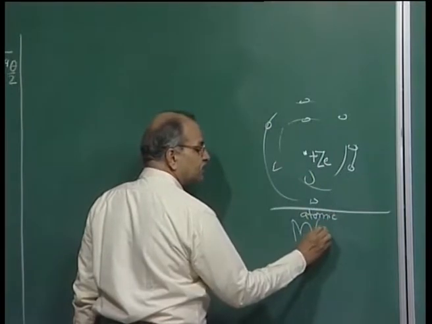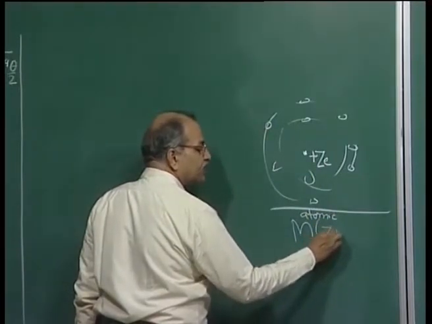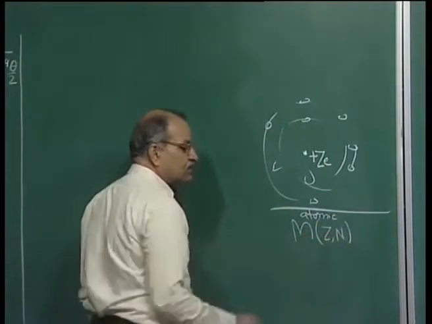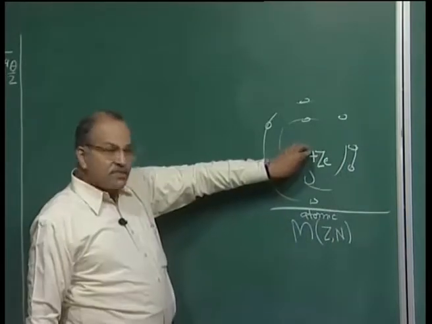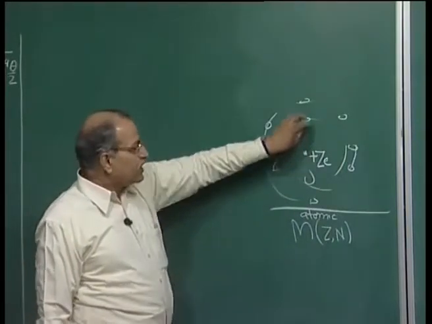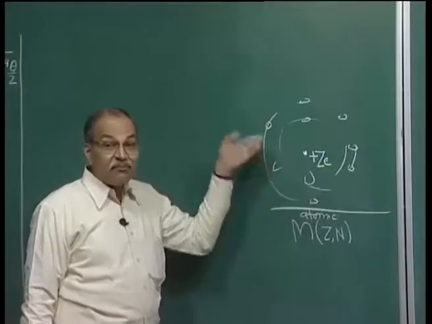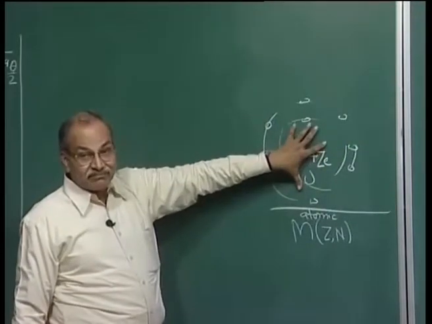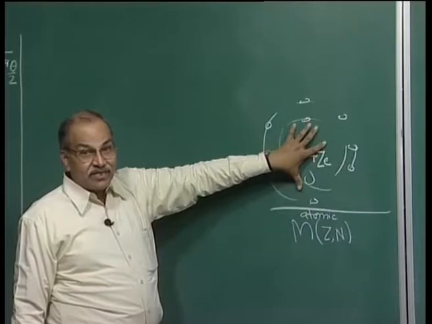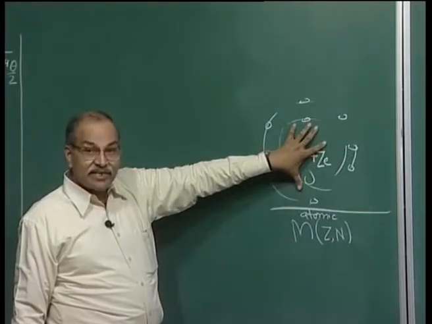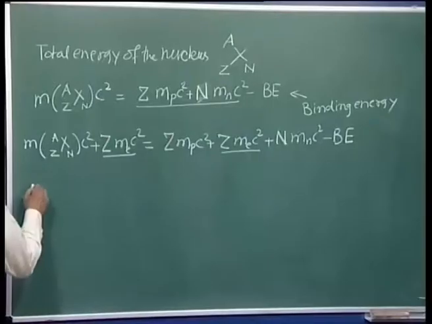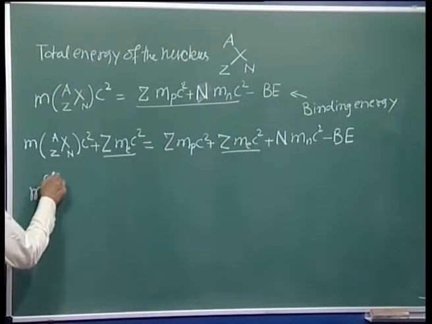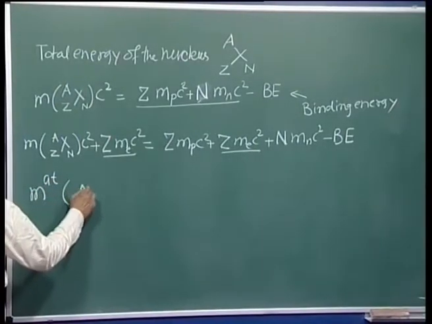Atomic mass of this atom which has Z protons and N neutrons and Z electrons. This will be mass of the nucleus plus mass of all these electrons minus the binding energy of this atom. So, this is atomic mass, let me write AT here.